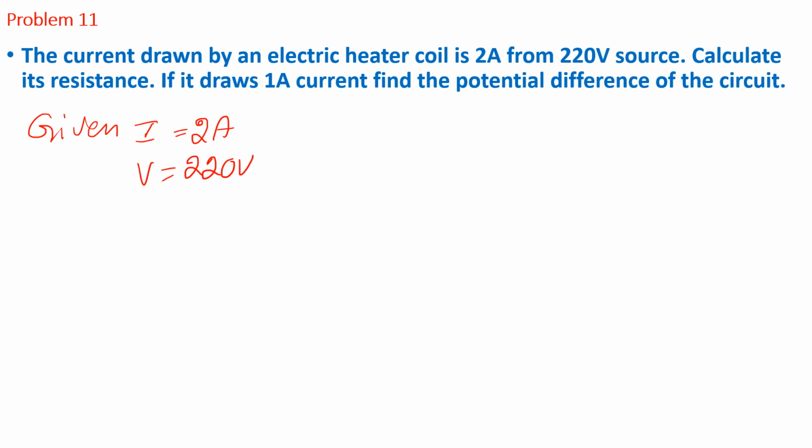Calculate its resistance. R is equal to how much is the question. Direct question. And one more is, if I is equal to 1 amp, find the potential difference. V is equal to how much? That is also asked. So now we need to calculate this.